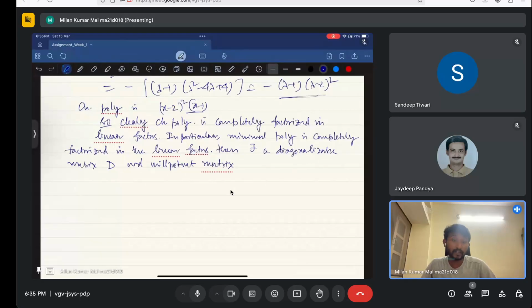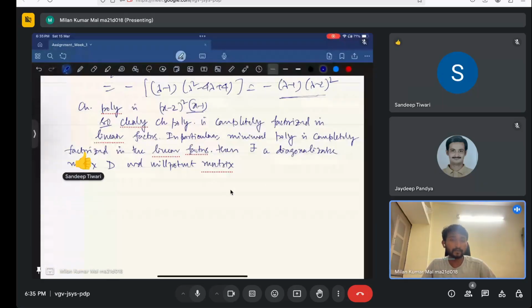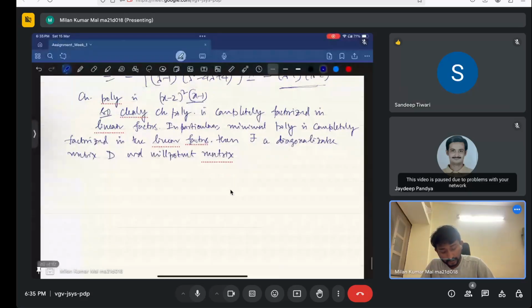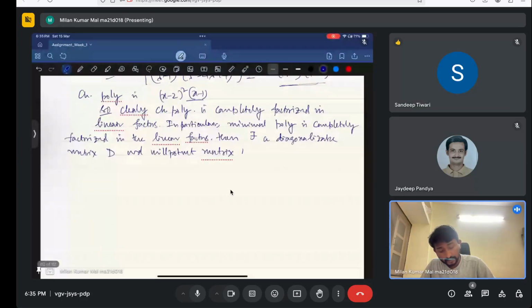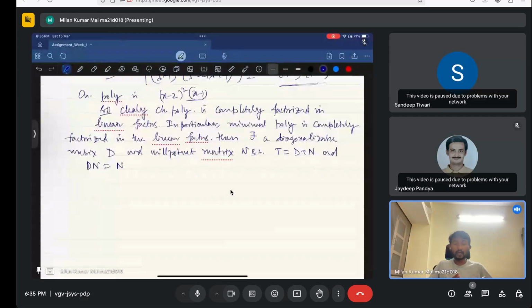That means for that matrix the minimal polynomial will be x to the power k, and the characteristic polynomial will again be x to the power k, something like that. So there is a nilpotent matrix N such that T equals D plus N, and these D and N will commute with each other. So now the question is how to find D and N.